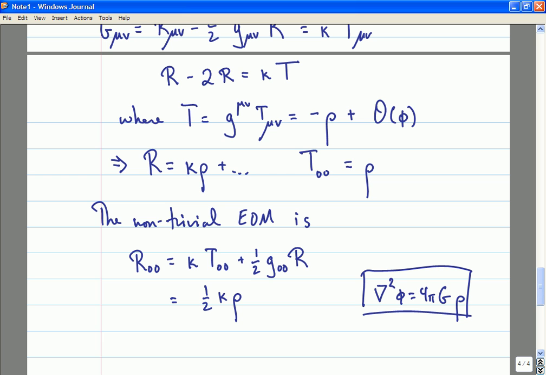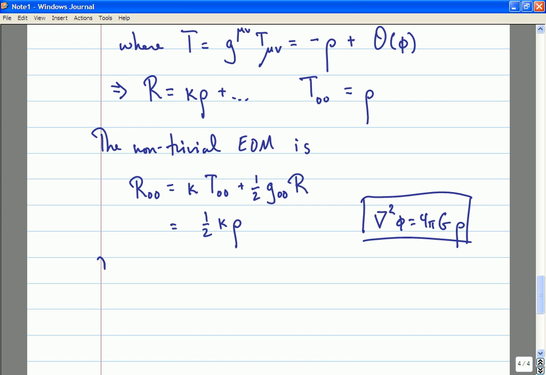R00 involves the second derivatives of the metric, so in particular, it involves the second derivative of phi. So all we need to do now is compute R00, which is the trace of the Riemann tensor, R lambda 0 lambda 0. And we need to compute it to order phi.